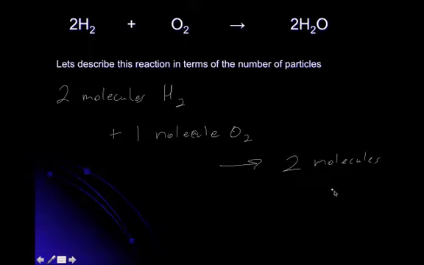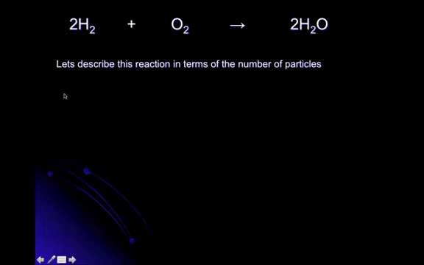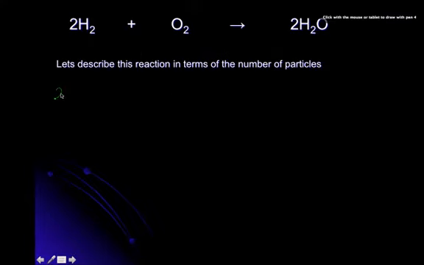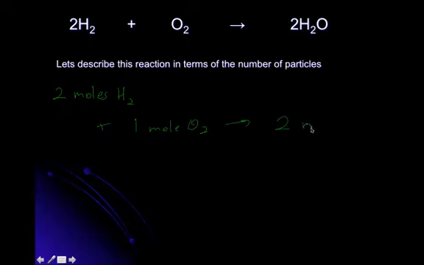The important thing to understand with this is that we are now going to interpret these numbers, these coefficients, as moles, because that's what we can measure out and weigh. So from here on, we will interpret that equation as 2 moles of hydrogen plus 1 mole of oxygen, and that's going to make 2 moles of water.